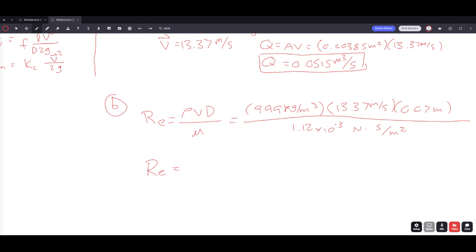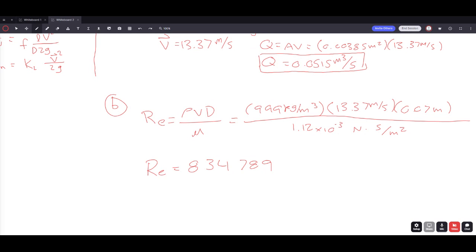Solving for Reynolds number, 834,789. So well over 2,000, more like 4,000.